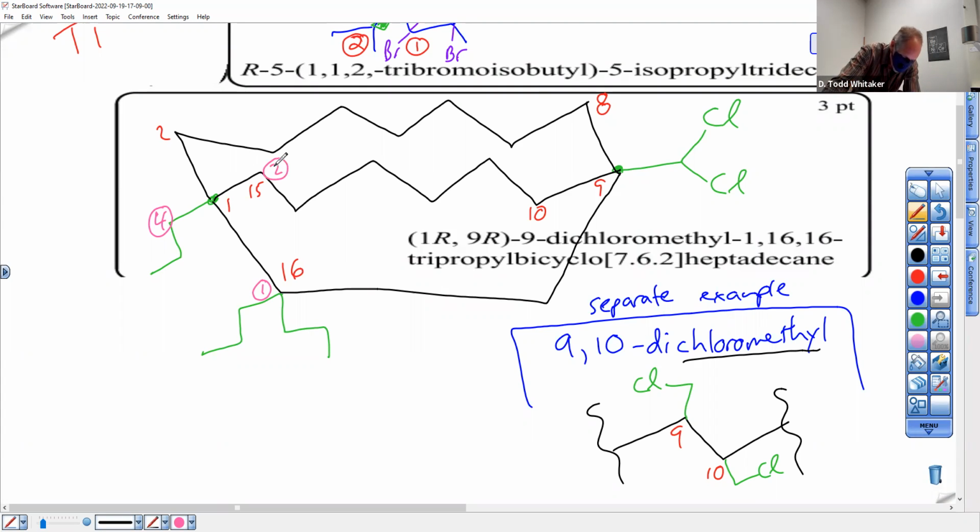It goes carbon 1, 2, 3, 4, 5, 6 times then a branch. The top one goes 1, 2, 3, 4, 5, 6, 7 times. So this carbon is being compared to this one, and clearly that's not as high a priority as that. That's why I put the 2 there, because it hits this faster than it hits the same carbon on the top.